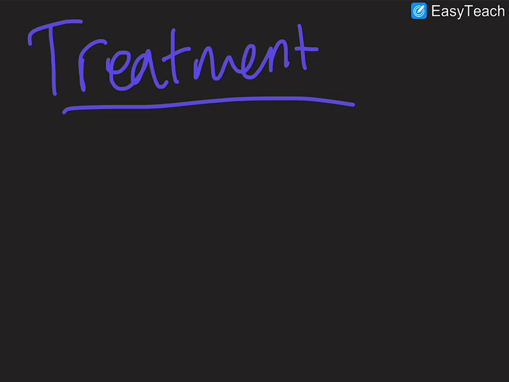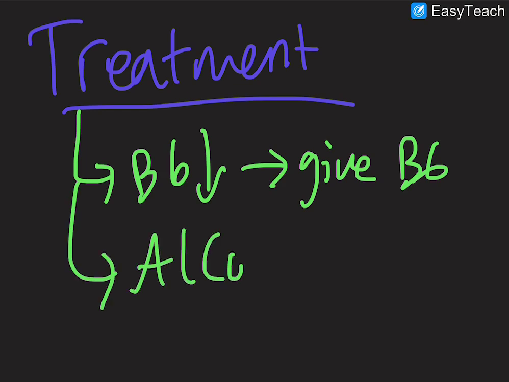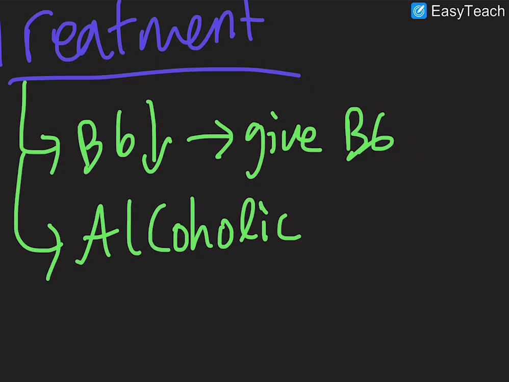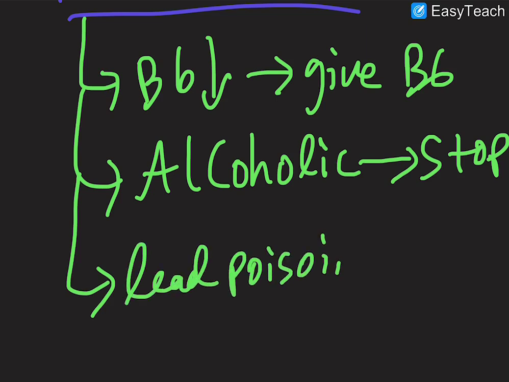So the treatment is based on treating the causes. If you have B6 deficiency, give B6, whether you're on isoniazid therapy or you're just not taking enough B6. If it's related to an alcoholic, someone who's drinking way too much alcohol and doesn't get nutrients, you'd want to stop alcohol and start eating nutrients like B6. And if it's lead poisoning related, you'd want to do chelation so you can reduce the amount of lead in your body.